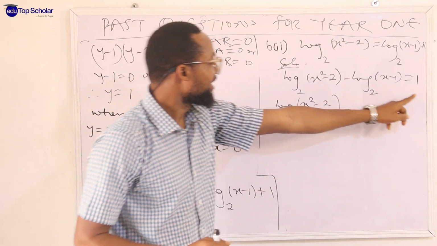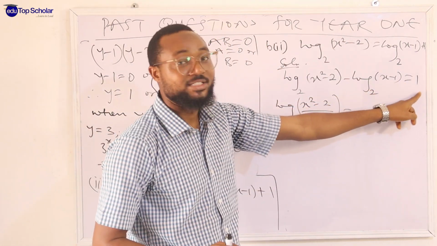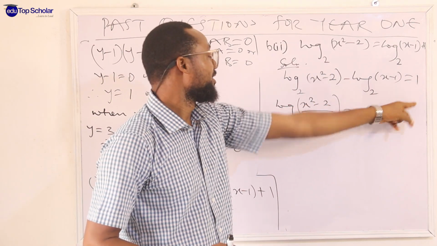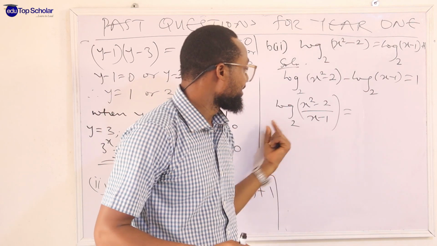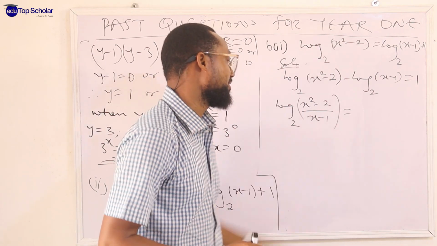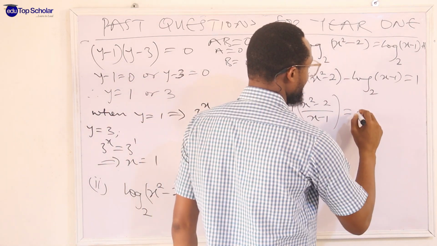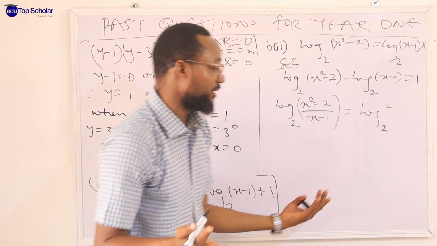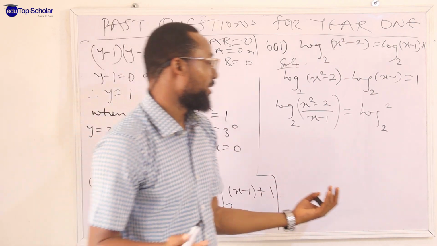But if I leave this 1 as a constant, it will be difficult for us moving forward. So I want this 1 to look like the group on the left hand side. What do I do? I multiply that 1 by log 2 base 2. Log 2 base 2 is 1, so I'm just writing 1 in another form.